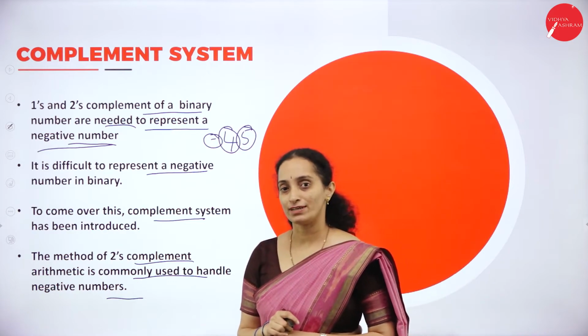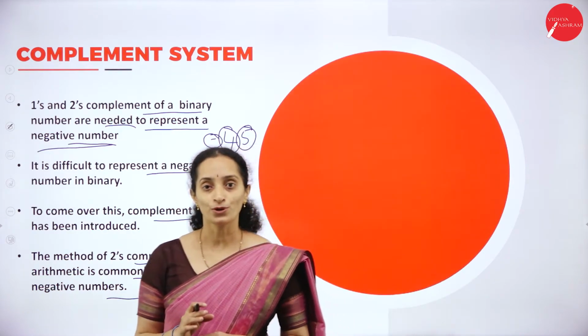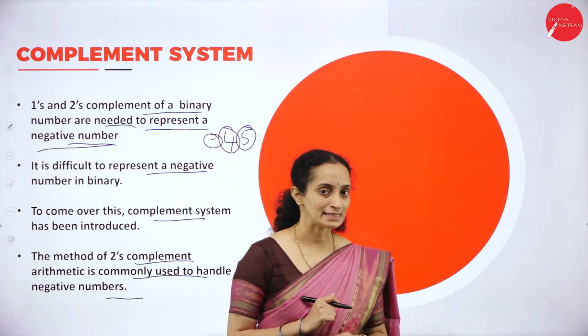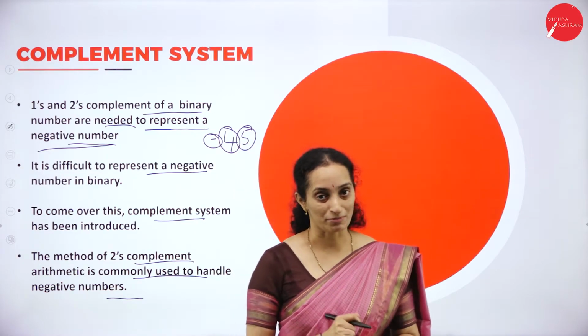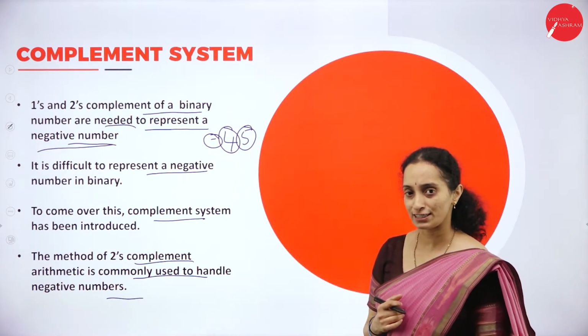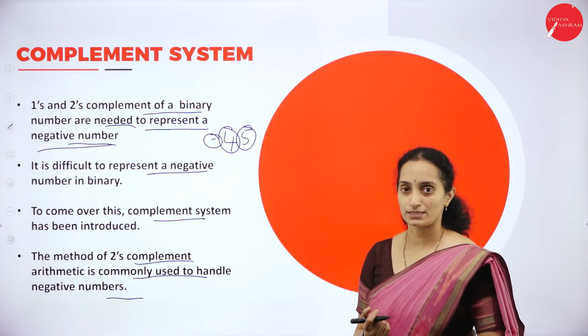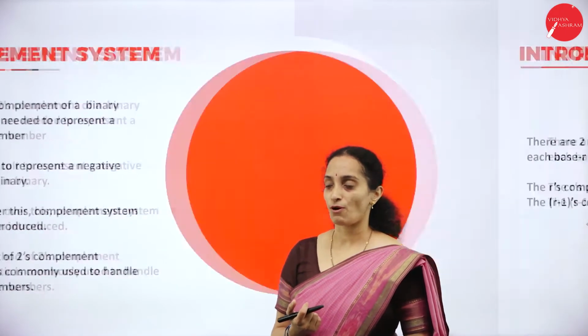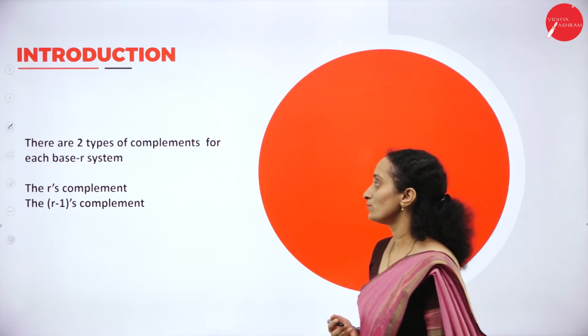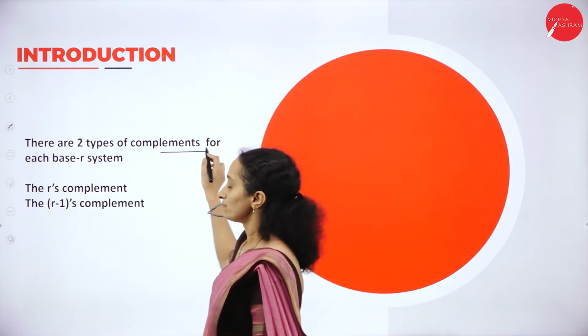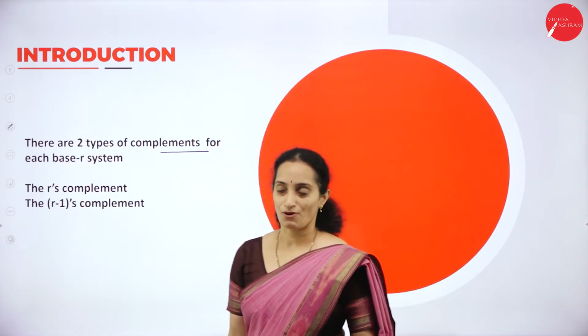The next thing we need to know is how you get a complement of a number. What are the different types of complement system that can be used? There are generally two types of complements.